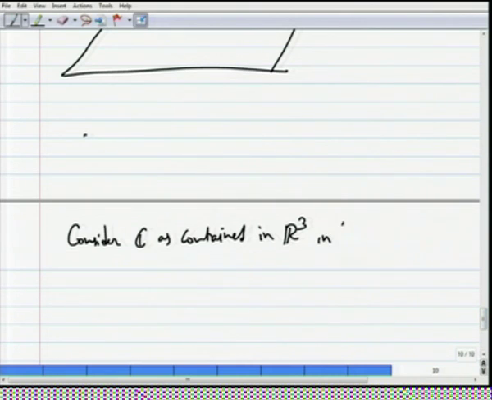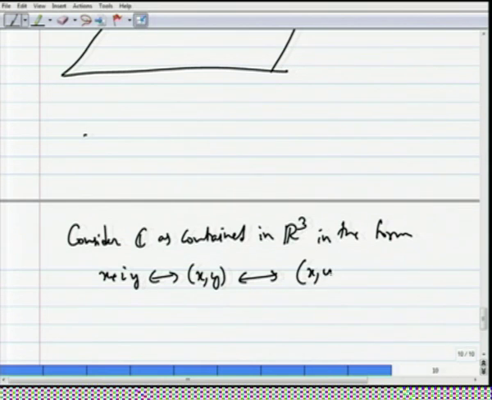A point in the form x plus i y, which is now in the plane form x comma y, is contained in R 3 in the form x comma y comma 0. This is a point in the x y plane in R 3.